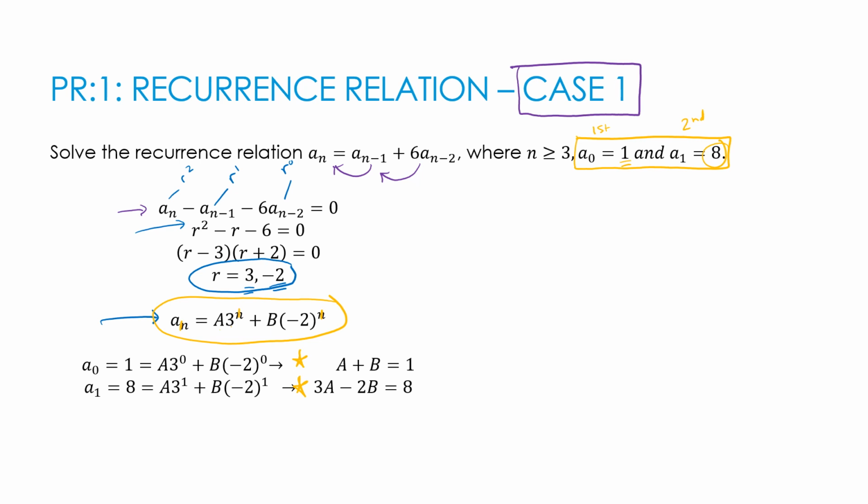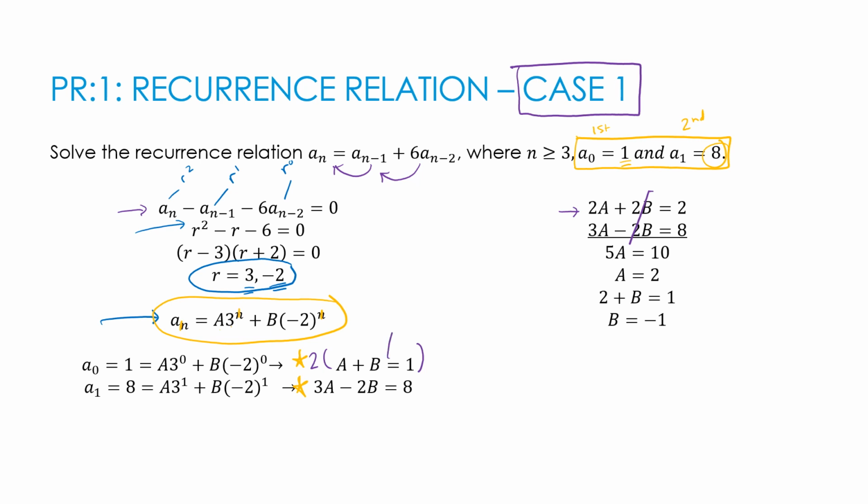Now that I have a simple system of linear equations, I can solve it, substitution or elimination. If you'll notice, I just took everything here times 2, because that gave me 2a plus 2b equals 2, which means when I add these equations together, my b's cancel out. I get 5a equals 10, or a equals 2.